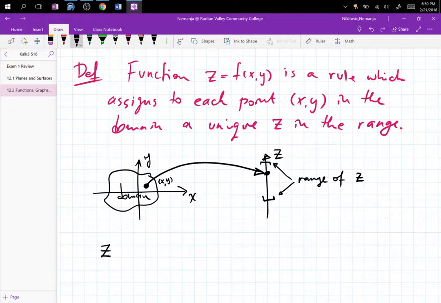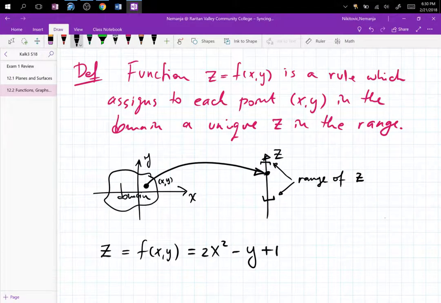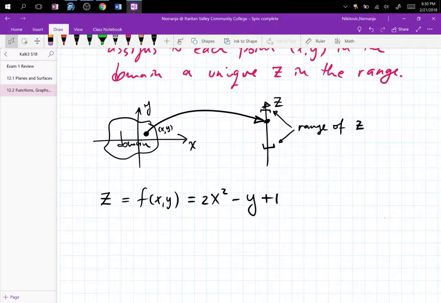A very simple example to compute, this is a pre-calc level technically. I describe my z, which is a function of x and y, as, let's say, 2x squared minus y plus 1. So you see that you have variable x and variable y, and they produce the z on the other end. So what is z of, let's say, -1 and 6?